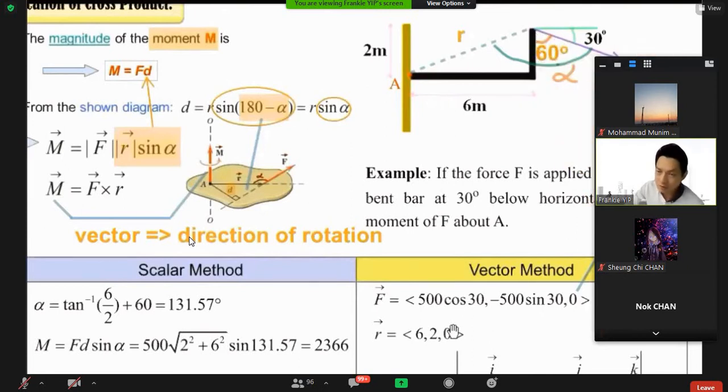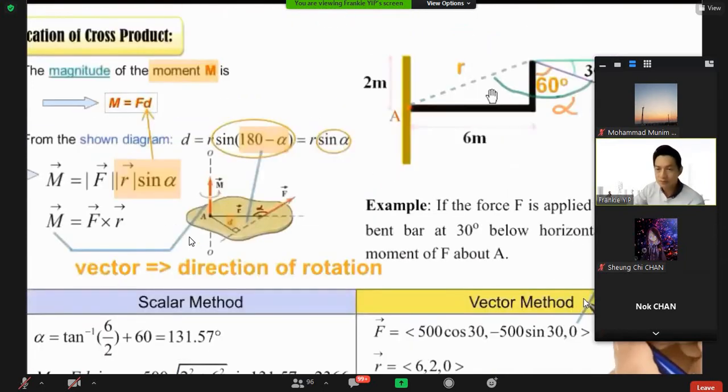Because the 500 is pointing downward, and if x is horizontal, upward is y, so here I write negative 500 sine 30 degrees. That means it's pointing downward, okay? And finally, we have the z component. Because this one is 2D, we don't have a z direction, so I set the z direction equal to 0 here. Got it?